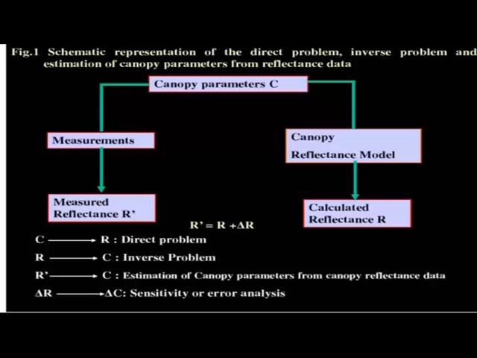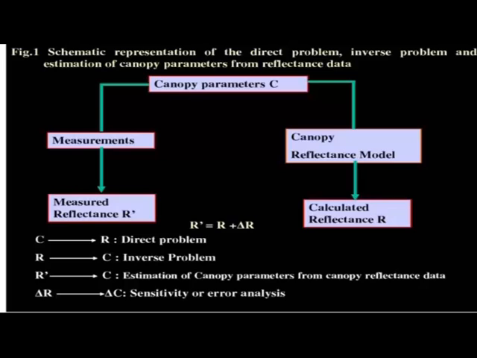Now, once I have developed this model, once I have optimized the model, once sensitivity analysis is done by making this del R equal to 0, now I can invert this model. What I can do is, if I have the measured spectra, then I can invert this model to know the parameter which I am looking for. Maybe leaf area index, maybe water content, maybe chlorophyll.